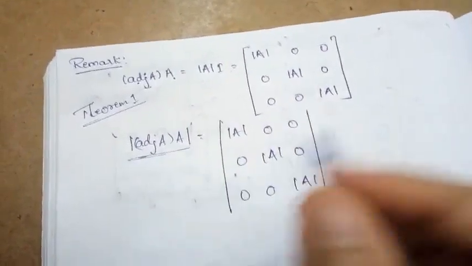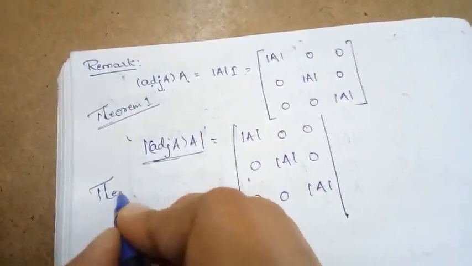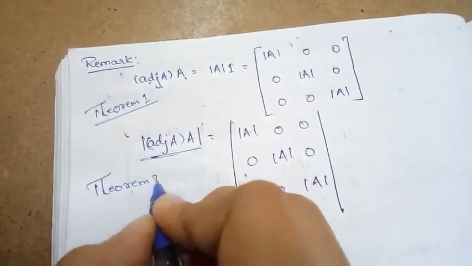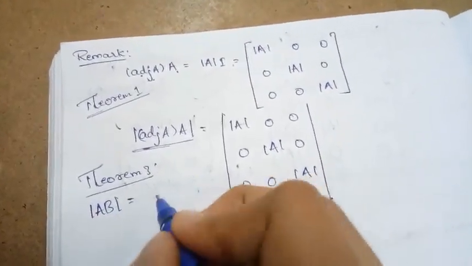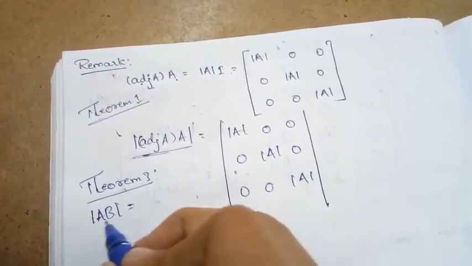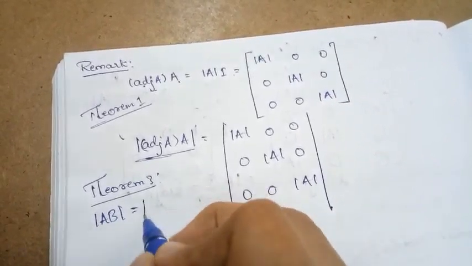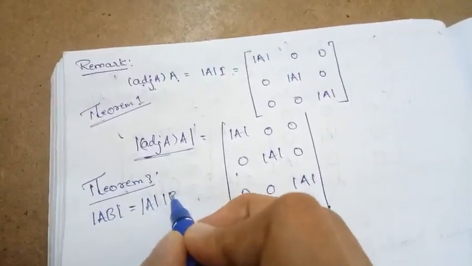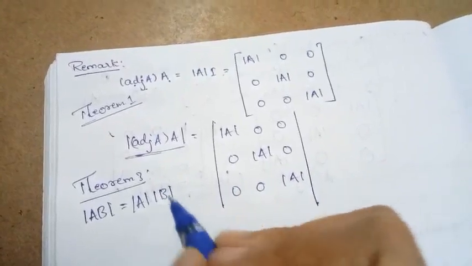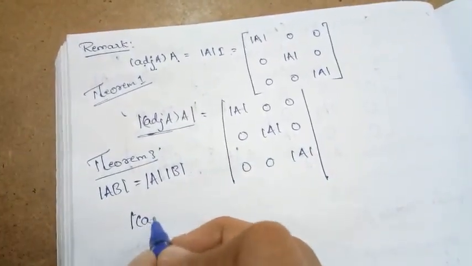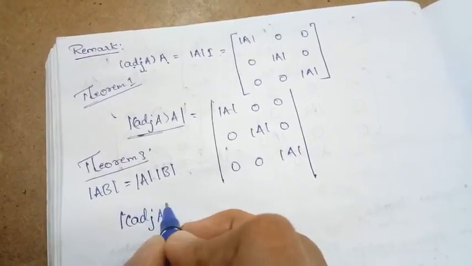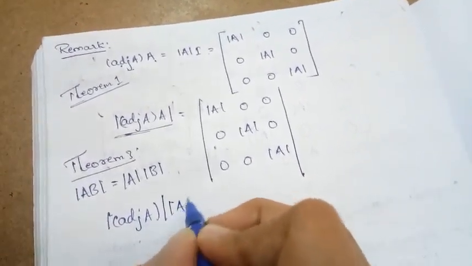As I said, according to theorem 3, the determinant of the product of two matrices can be represented as the determinant of matrix A into the determinant of matrix B. So the LHS can be written as the determinant of adjoint of A into the determinant of A.